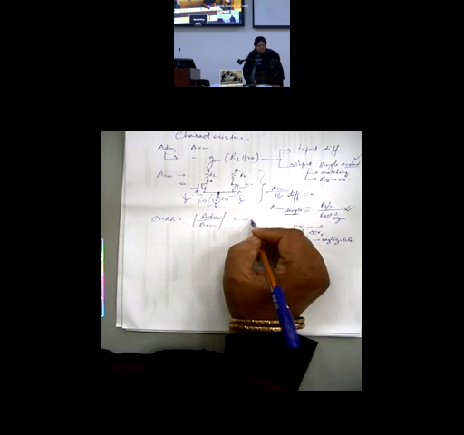Because we do not want a common signal to get amplified at the output. That's why we get noise rejection capability. So we want ACM to be low and ADM to be high. So we define CMRR as mod of ADM by ACM, and this must be infinity.